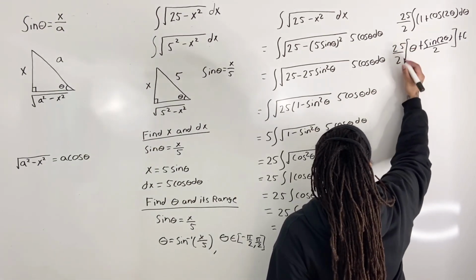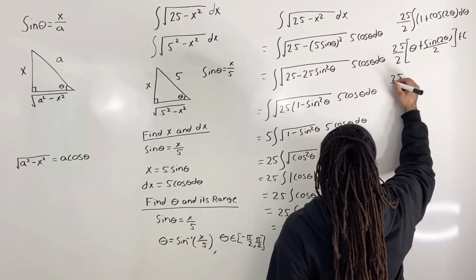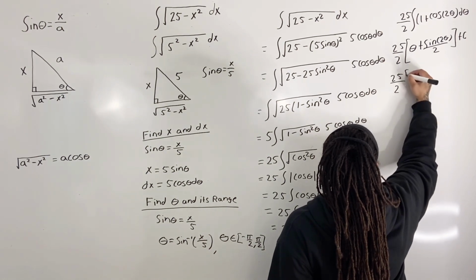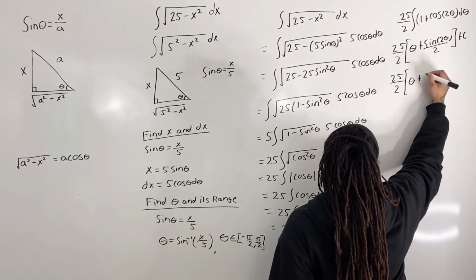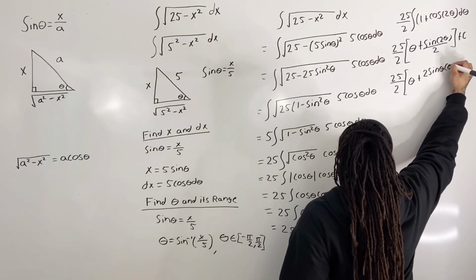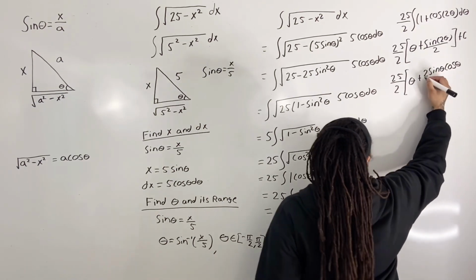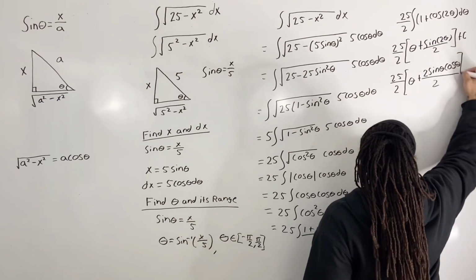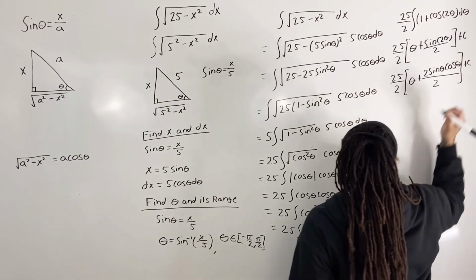So here this is equal to 25 over 2 times theta plus 2 sine of theta cosine of theta all over 2, and don't forget plus c.